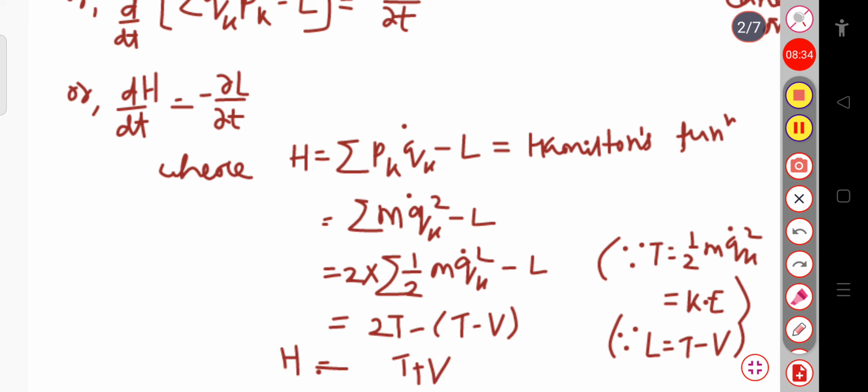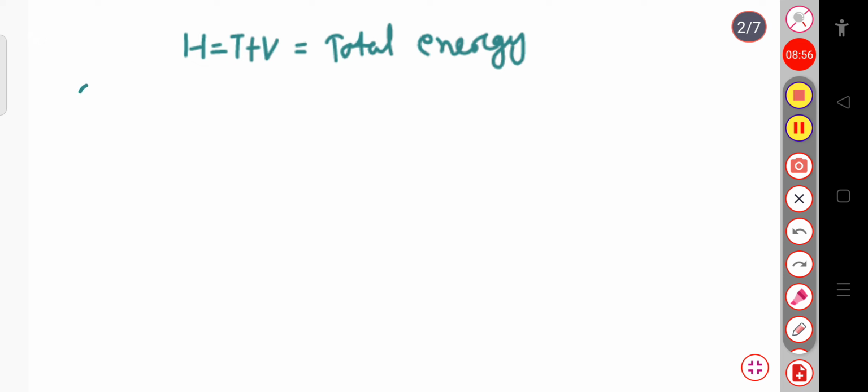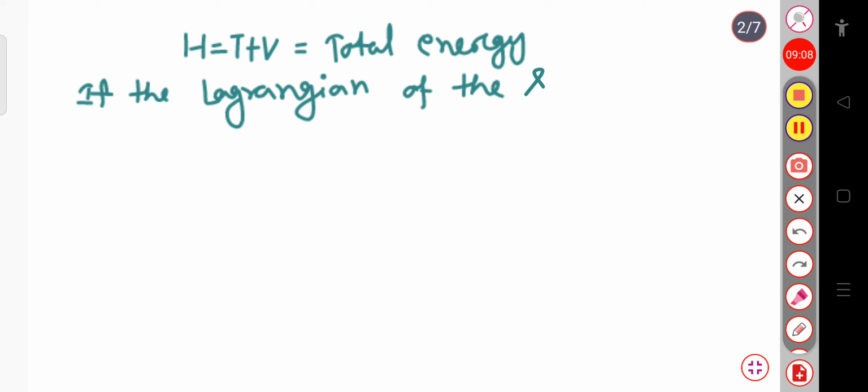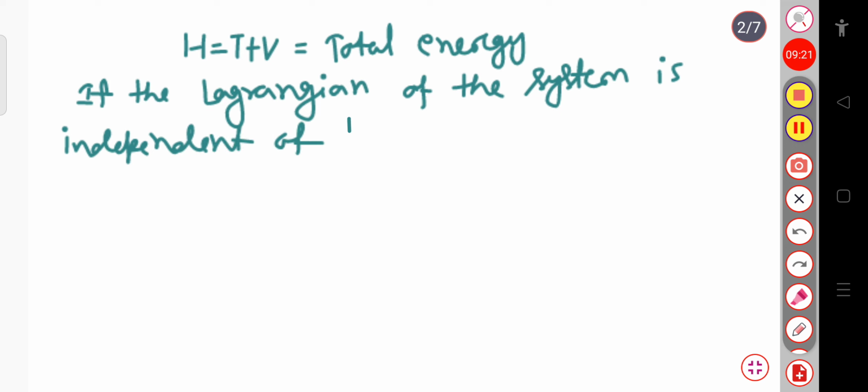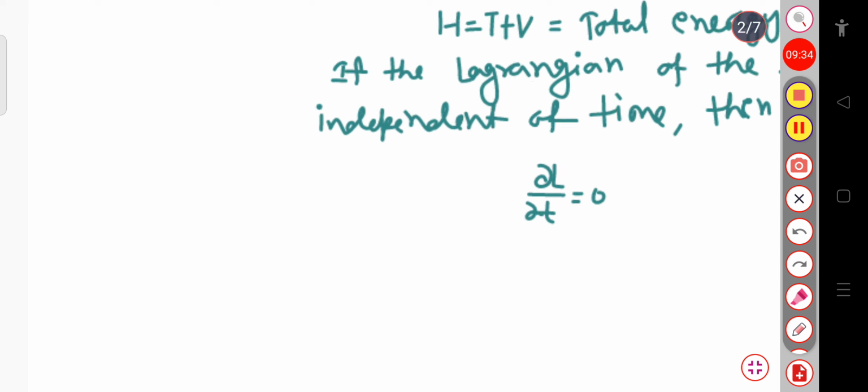Okay, now here we will see if the Lagrangian of the system is independent of time, then we can write ∂L/∂t will be equal to 0, and also we know ∂L/∂t equals minus ∂H/∂t.